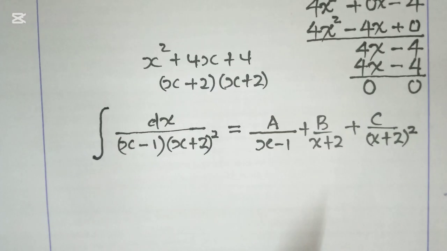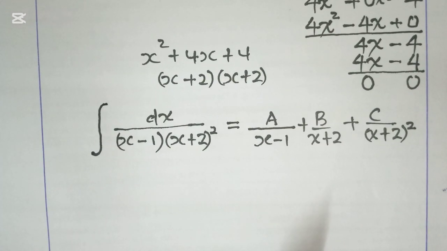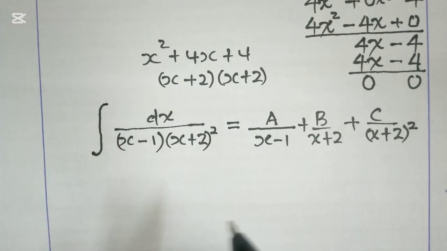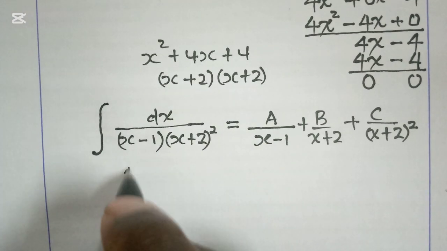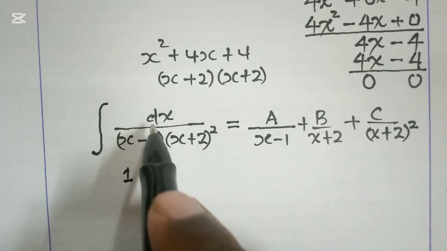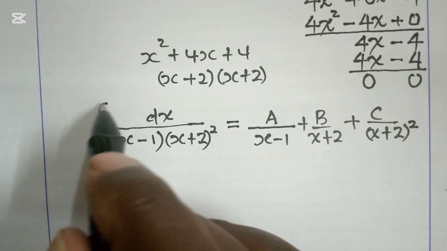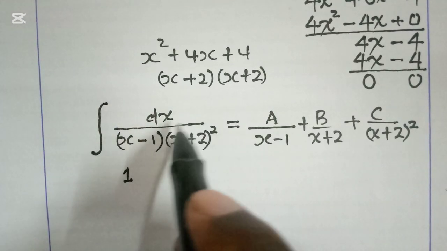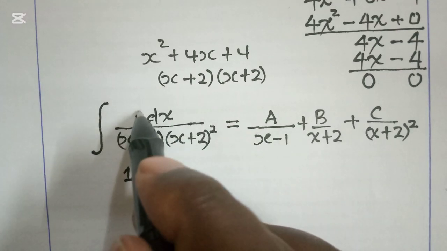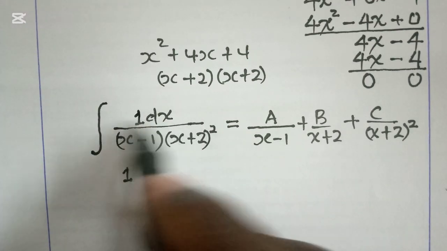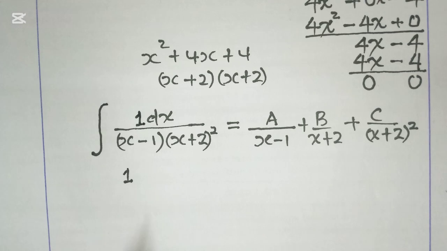Now guys, from there we come and look for A, B, and C. So we are going to say 1, which is now here. First of all, we are not dealing with the integral now. We are just dealing with 1, because here we have 1 for dx, and in the integral, we shall deal with it later.